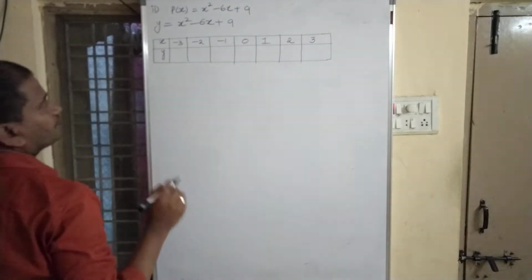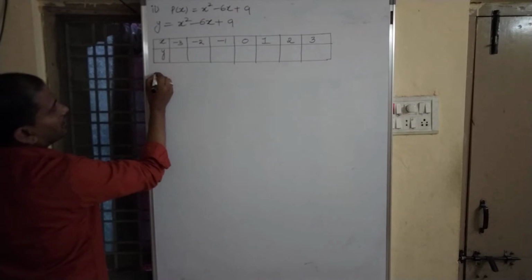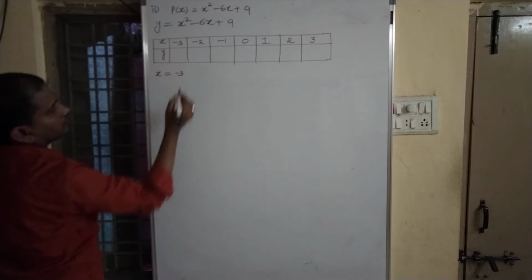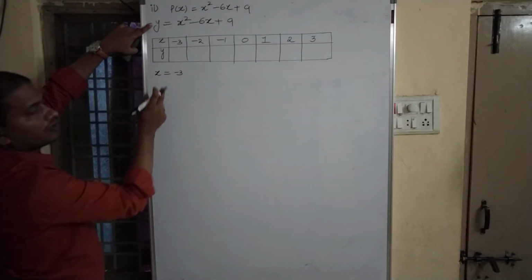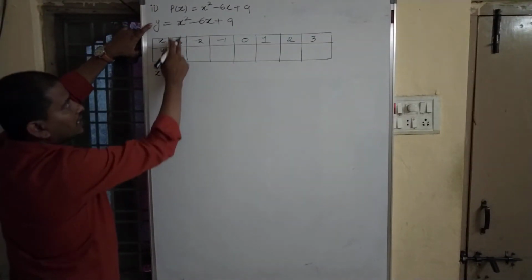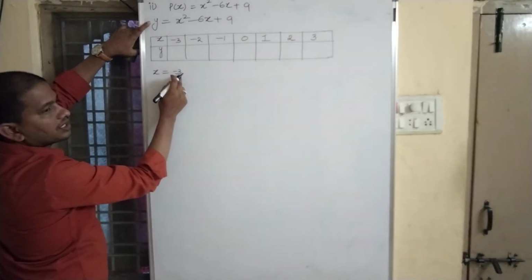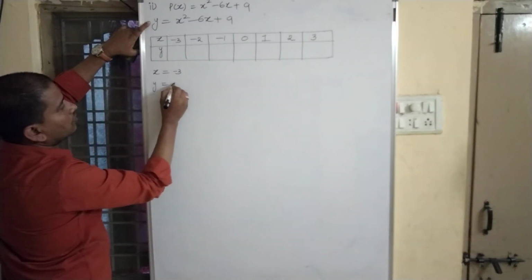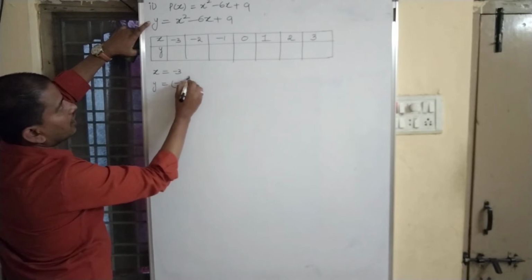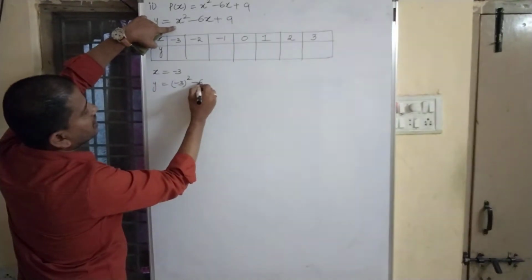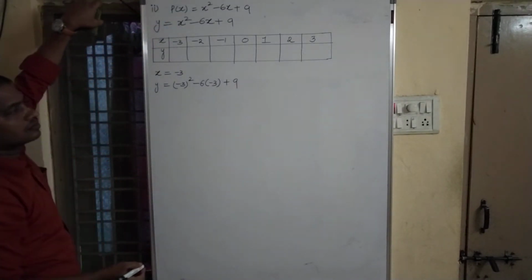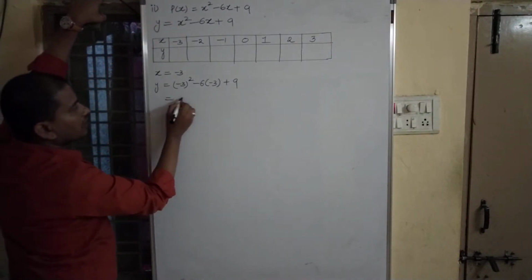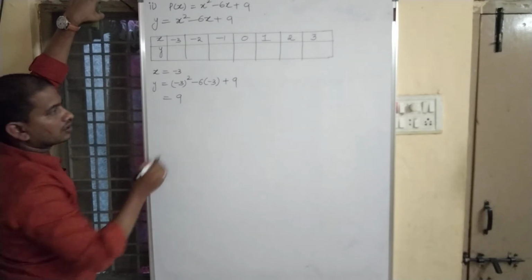So consider the first one, let x equal to minus 3. When x equal to minus 3, what is the value of y? In place of x, substitute minus 3. y equal to minus 3 whole square minus 6 into minus 3 plus 9. Minus 3 whole square, that is 9.